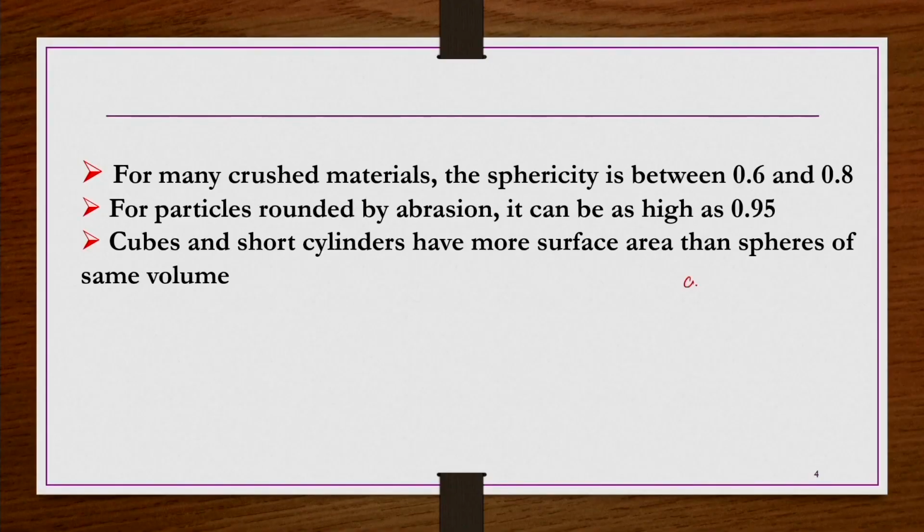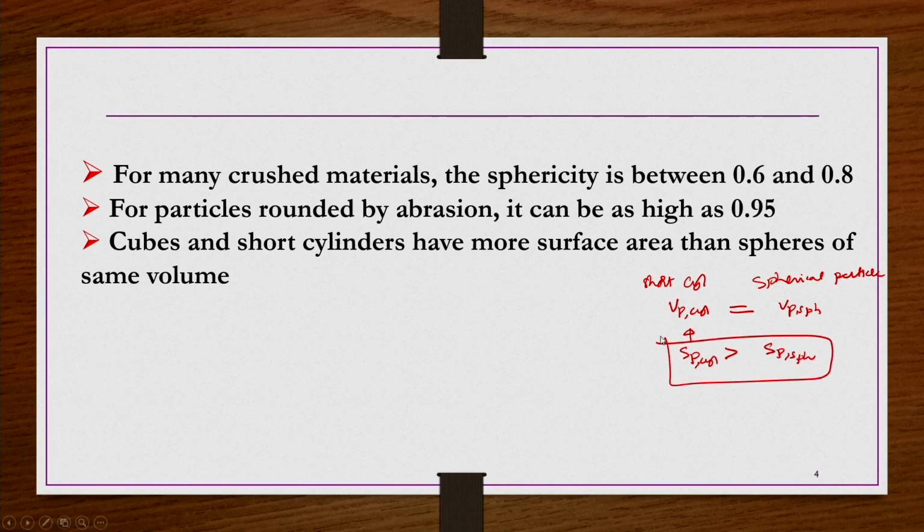That is, let us say you have a short cylindrical particle and then a spherical particle, right. Now, in these two cases, if Vp of the cylindrical particle and Vp of the spherical particle are the same, then for these short cylinders, Sp of the cylindrical particle is going to be more than Sp of the spherical particle.